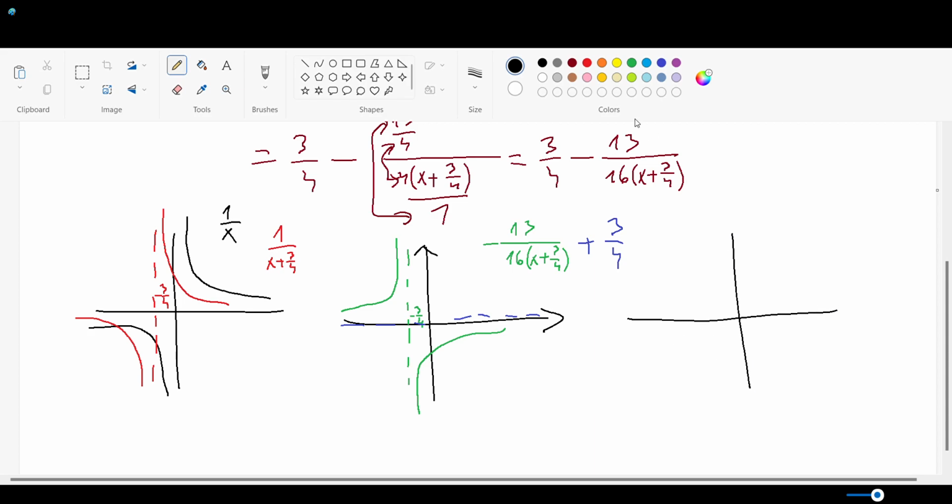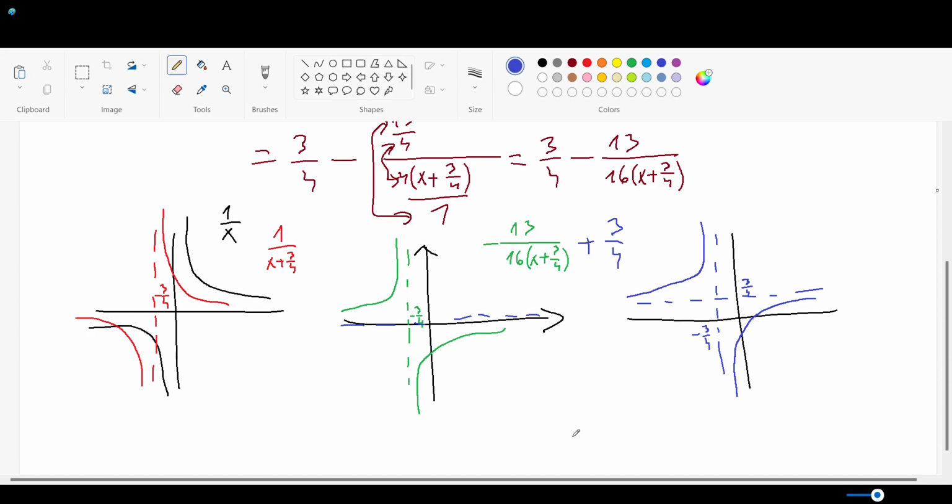What is critical for drawing the chart are these two asymptotes. The first one is negative 3/4, this is vertical, and then we have the horizontal, which is positive 3/4, and our hyperbolas will remain the same. So this is our final chart of the function.